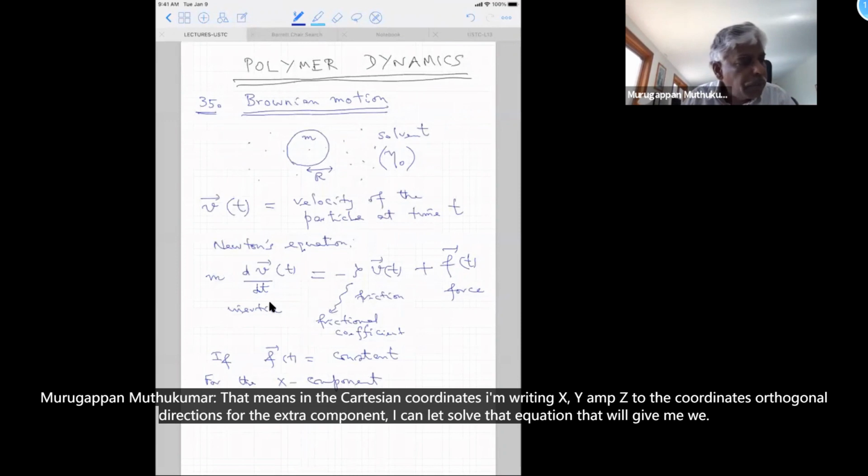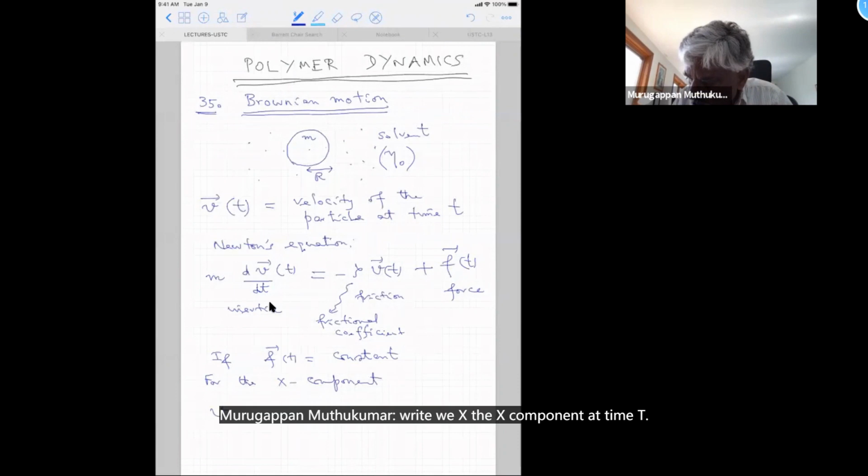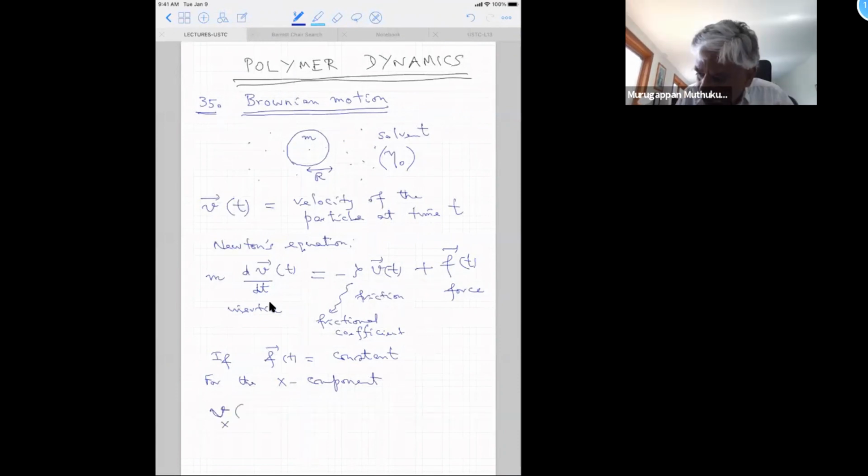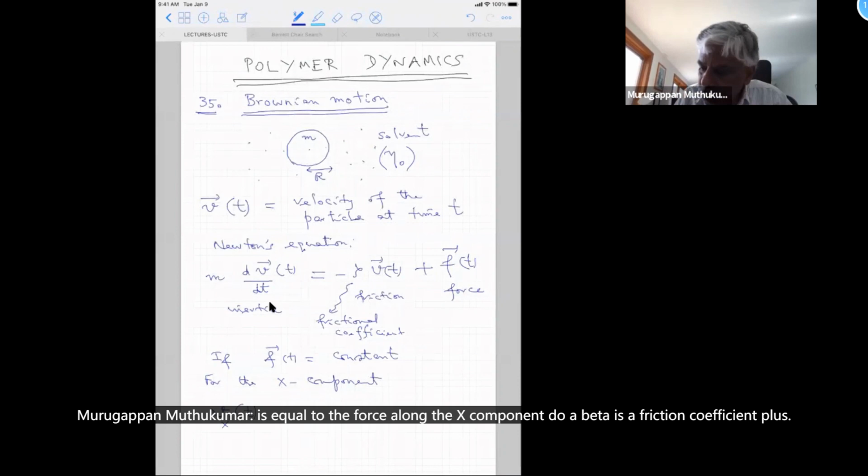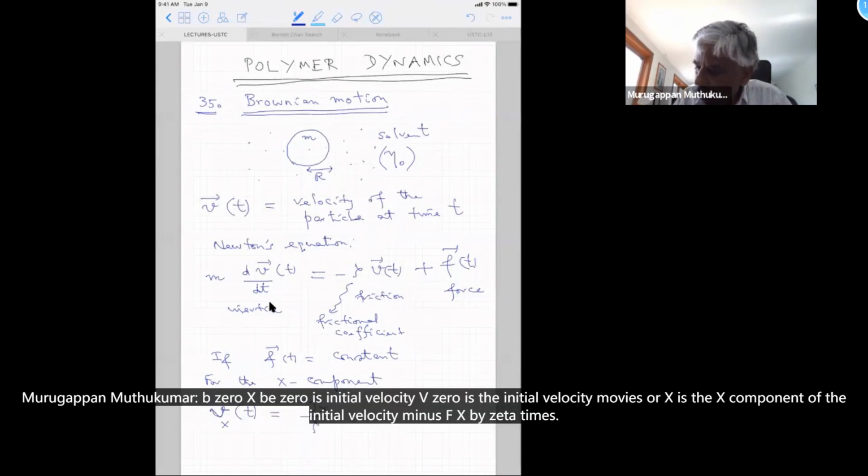For the x component, I can solve this equation. That will give me vx at time t equal to the force along the x component divided by zeta, the friction coefficient, plus v0x.